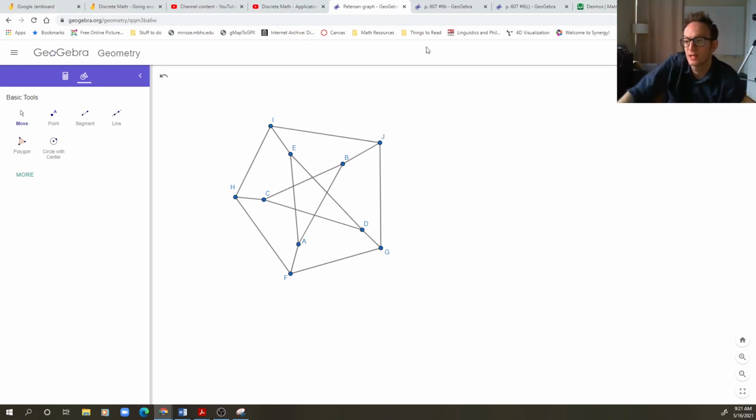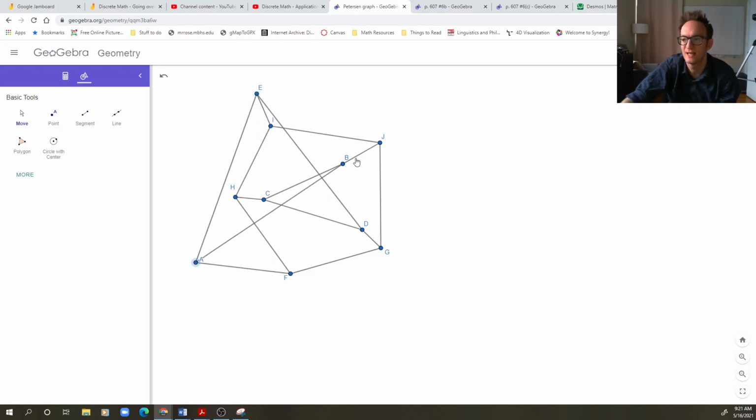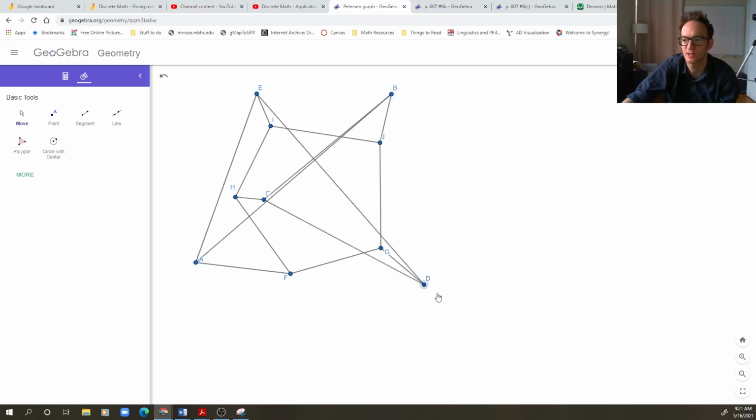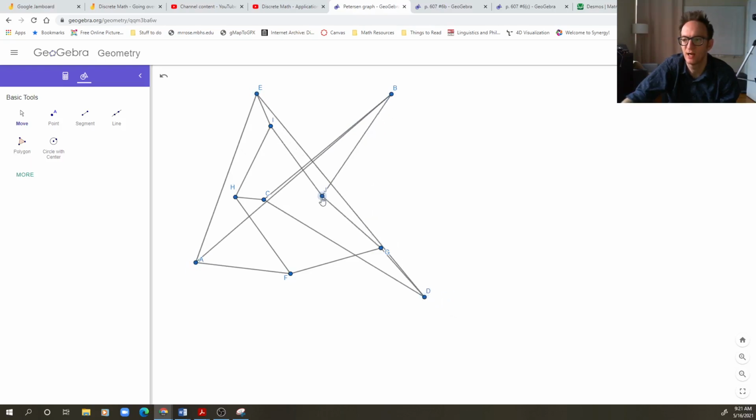So you might think initially that there was some difference between being an inside vertex and an outside vertex, but that is wrong, because in fact I can perform some kind of inside-out maneuver and take all the points of the star to the outside and bring all the... No, I guess I need to do a little bit more than that.